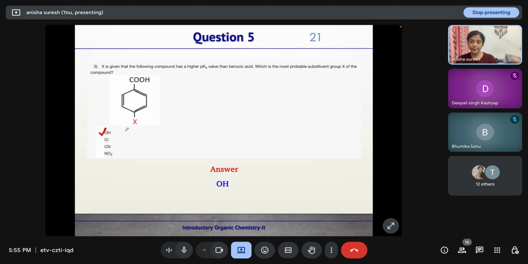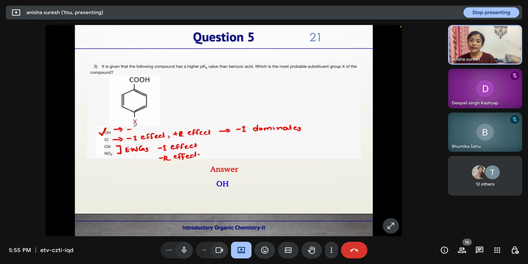Okay. Now here I will discuss this again. Here these are electron withdrawing groups. So this will have a minus I effect, or it will have a minus R effect as well in the case of nitro. In the case of chloro, it will have a minus I effect, plus R effect, minus I dominates.